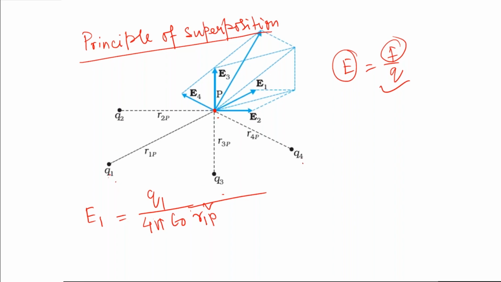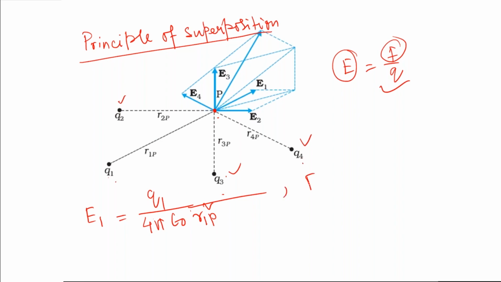So look here, when I was calculating the electric field for Q1, I have neglected the presence of Q2, the presence of Q3, and the presence of Q4. We will not see the effect of these other charges. Not only this, any other charges around it, we will not see the effect of that.